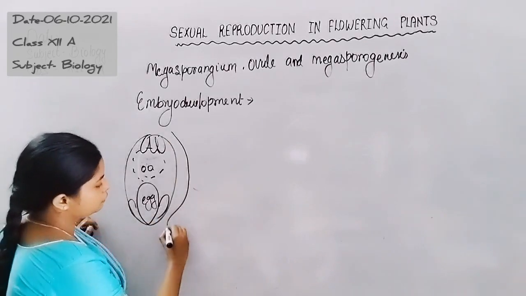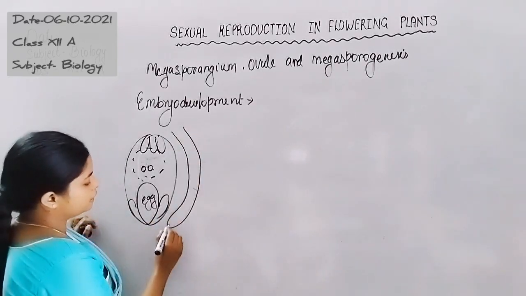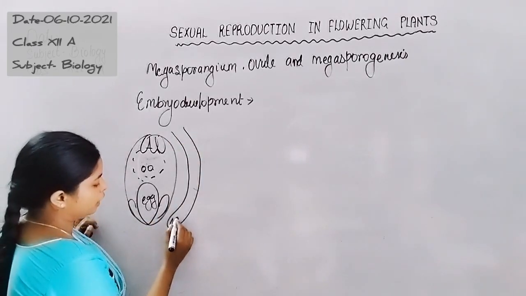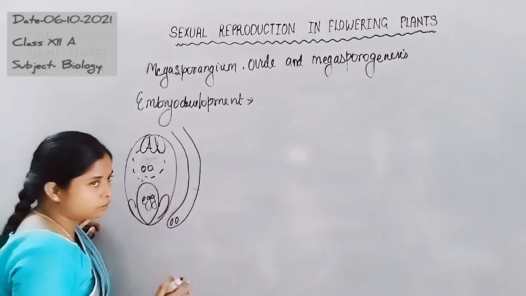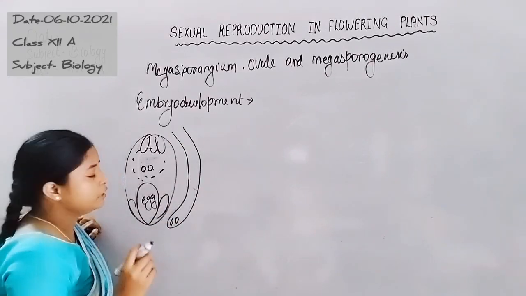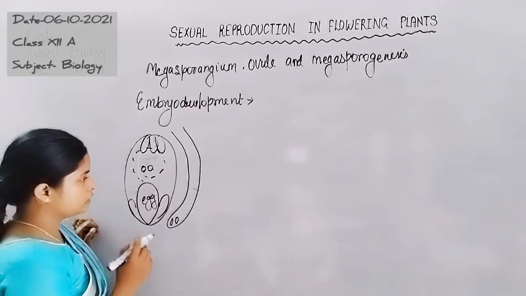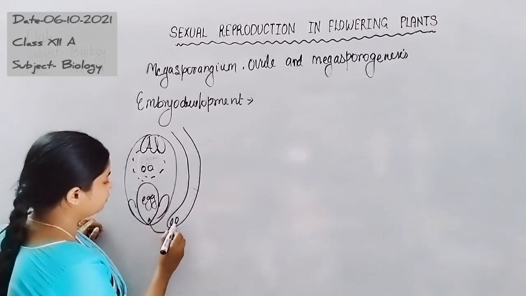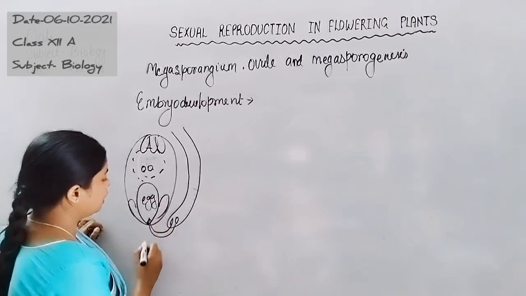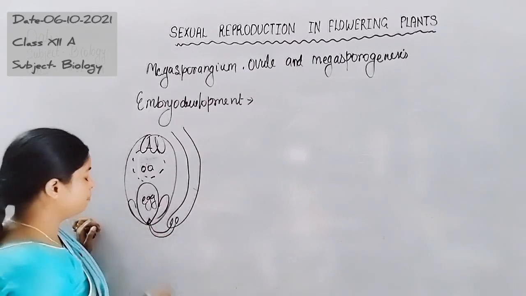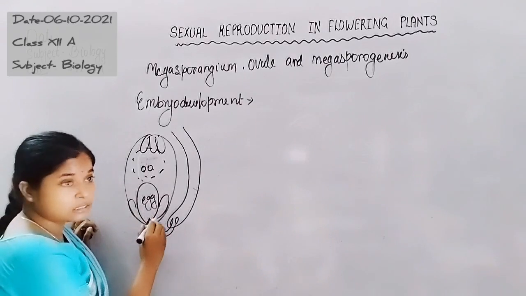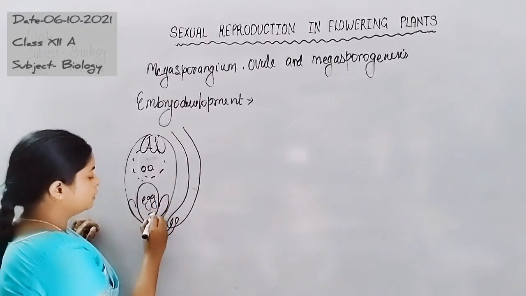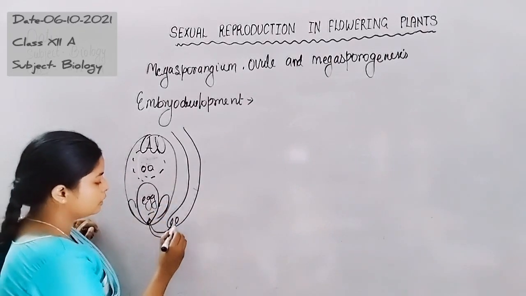When the transfer of the two male gametes takes place, both are non-motile, so they are transmitted through the pollen tube, which arises from the pollen grain. The pollen tube transfers the male gametes into the embryo sac, where the female gamete is the egg and the male gamete is the sperm.